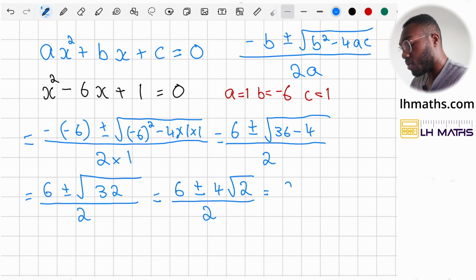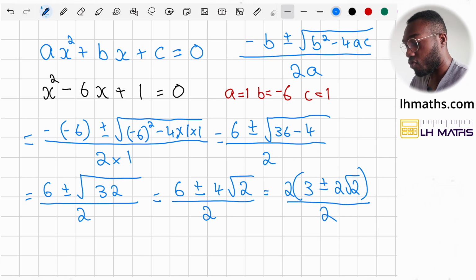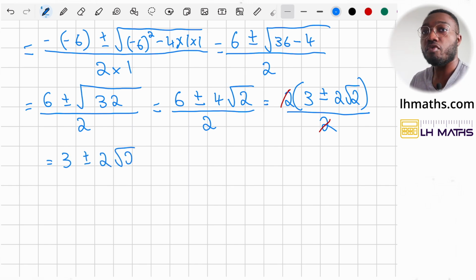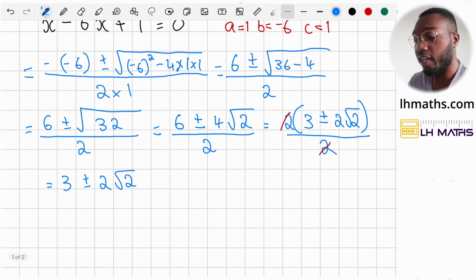So we'd have 2, and then that would be 3 plus or minus 2 root 2, okay? And that would be divided by 2. And then we can cancel out now. And that will leave us with 3 plus or minus 2 root 2, okay?